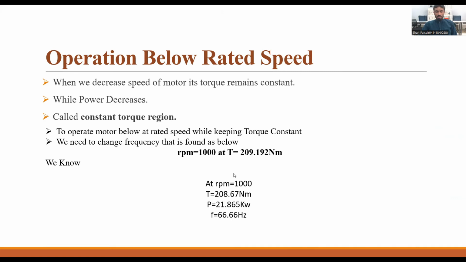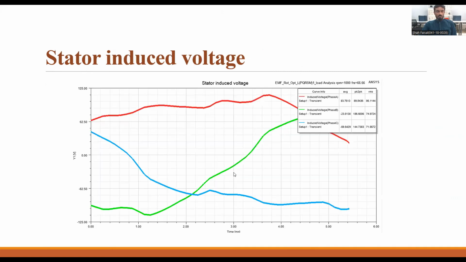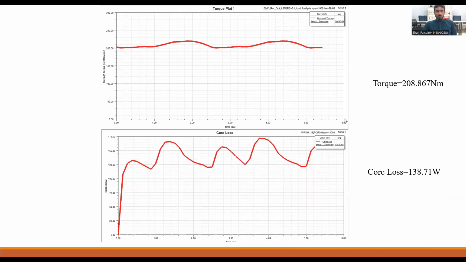That is the formula we used for finding the frequency. These are the stator induced voltages in the stator windings. The torque achieved at this frequency is 208.86 Newton meter, and the core loss is 138.7 watt.